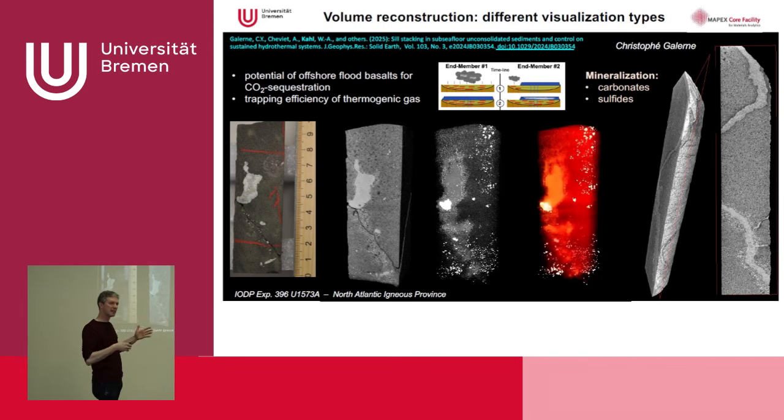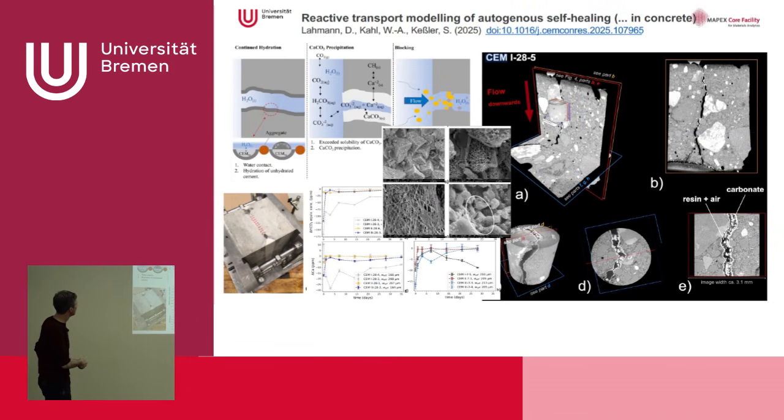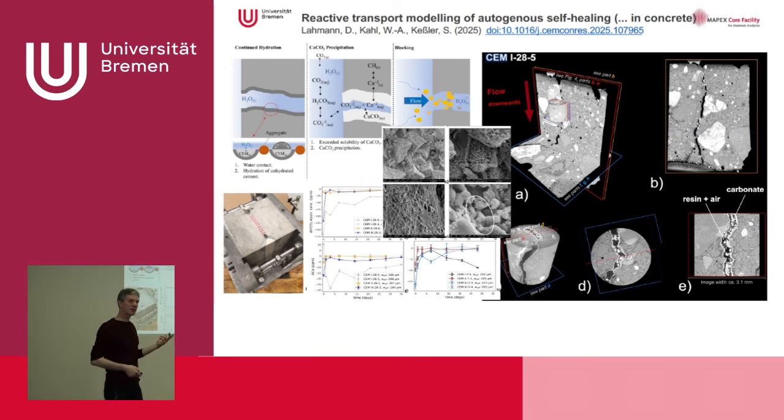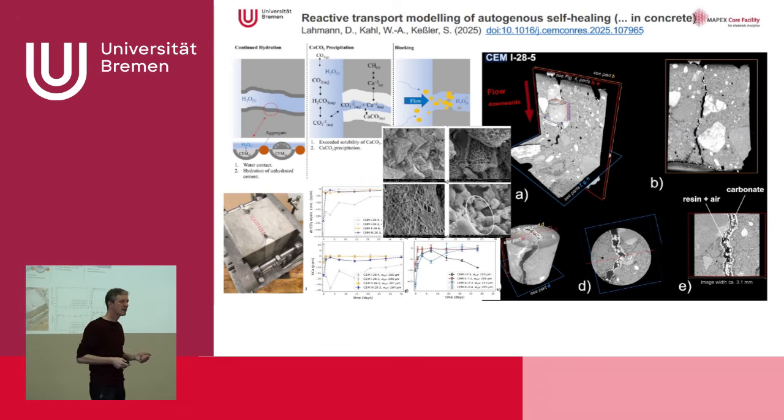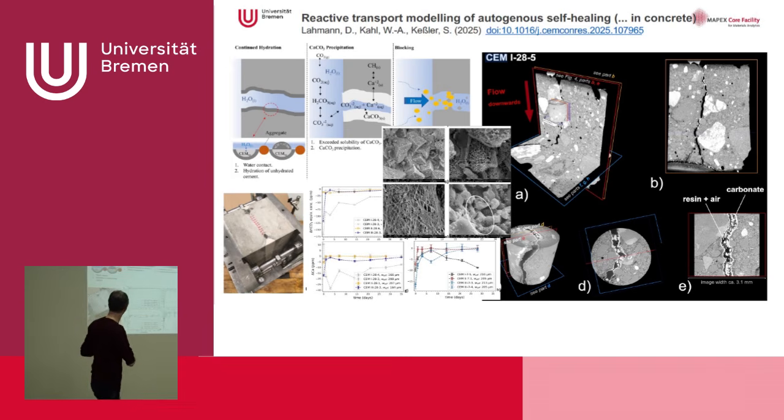So we do the analysis, we do inspection with this volume representation, and then we can think of the processes again. Or I can also use micro-CT if I do experiments in the lab, like a crack in concrete, where you want to see if you have self-healing concrete.